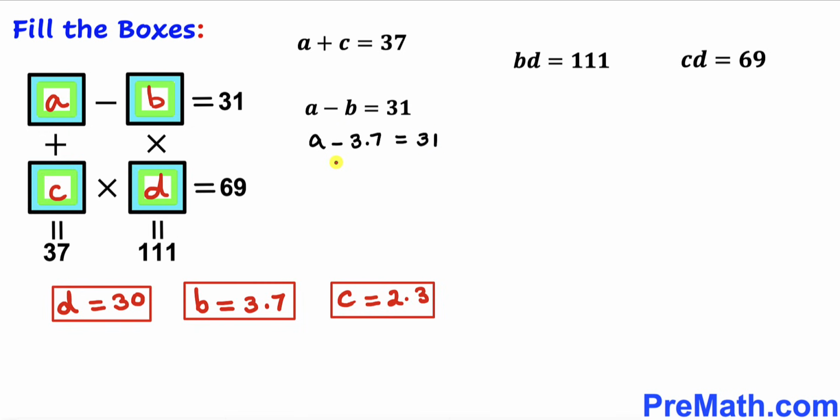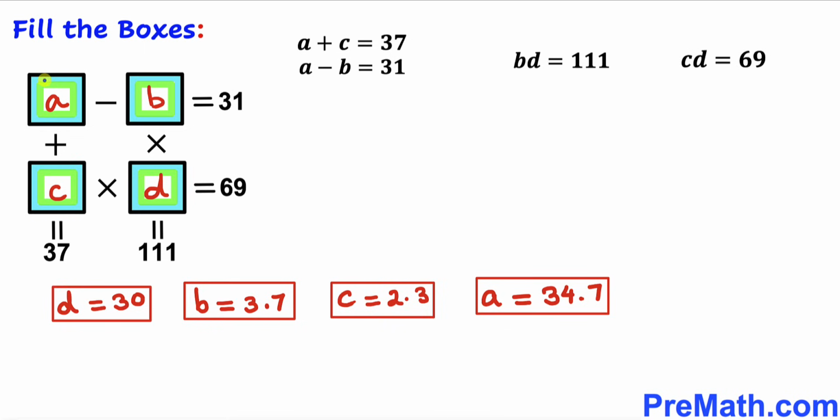Now I'm going to add 3.7 on both sides to isolate a. Here this negative and positive are gone. So our lowercase a value simply turns out to be 34.7.